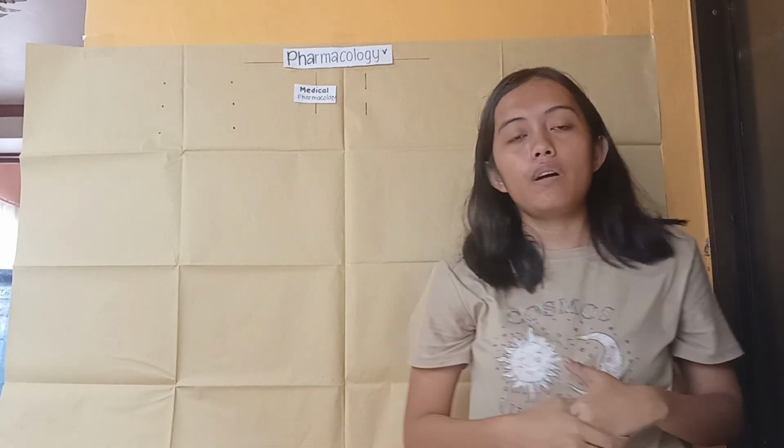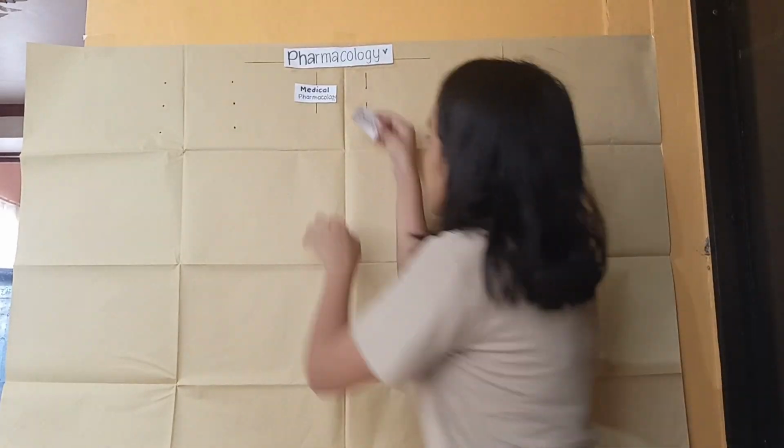So what is medical pharmacology? Medical pharmacology is the study of using substances for the prevention, diagnosis, and treatment of diseases. On the other hand, toxicology is concerned with the harmful effects of chemicals on an organism.